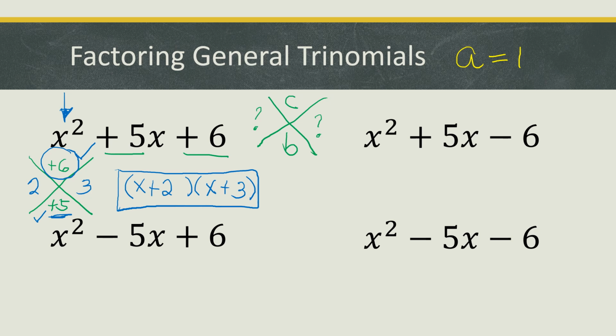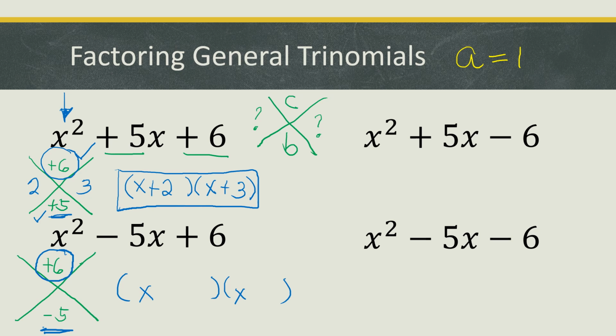Second example, let's have our cross. The C value is positive 6 and the B value is negative 5. So let us have first the factors of the first term, which is x squared. So x times x. So let us now find the factors of 6 that once we add, we'll get negative 5.